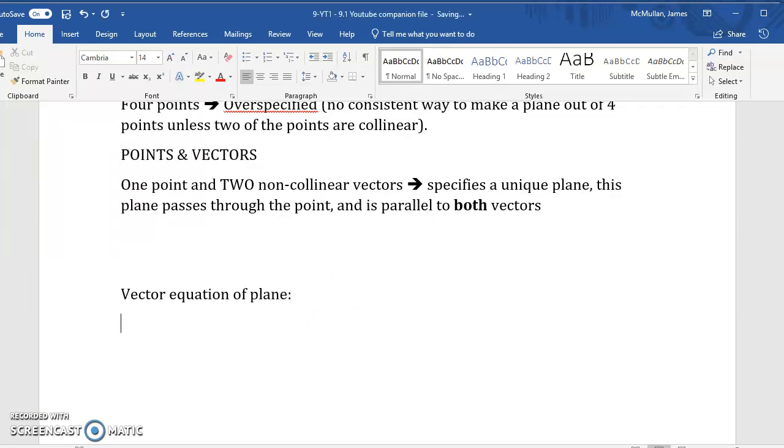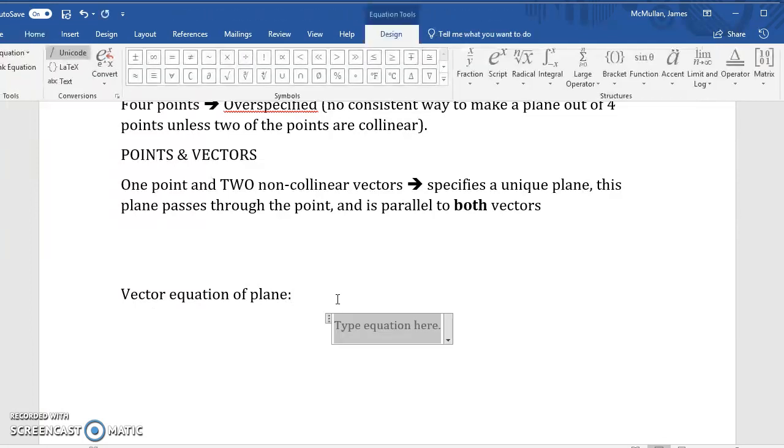The vector equation of a plane consists of the following objects. The plane itself, and the plane is usually referred to by pi. So I was using L and L1 for lines in 3D.